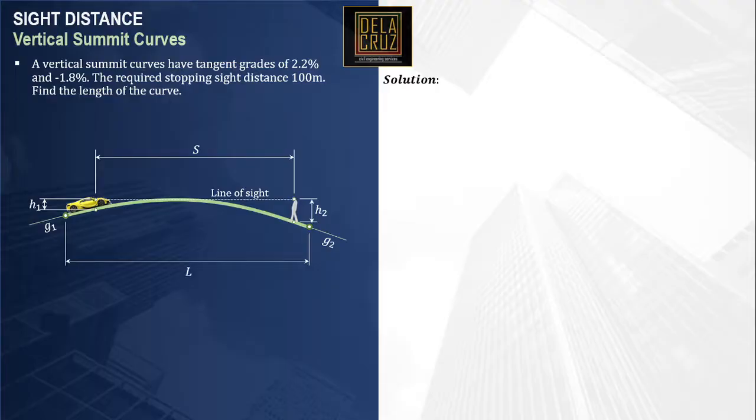In this solution, I'll assume first that S is less than L, so that H1 and H2 will lie on the curve. Otherwise, when S is greater than L, H1 and H2 will not lie on the curve. They will lie on the tangent grades, or basically the inclined straight road.